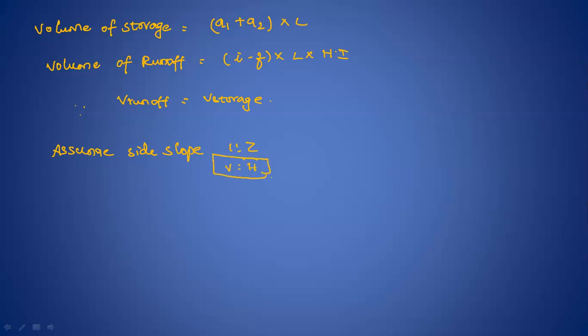Therefore, in finding the height of the bund, there is again one formula. Sometimes they can ask to find the height of the bund. When you find the height of the bund, it is D, the depth of water impounding between the bunds, plus height of the crest, which they give in the question, plus freeboard.